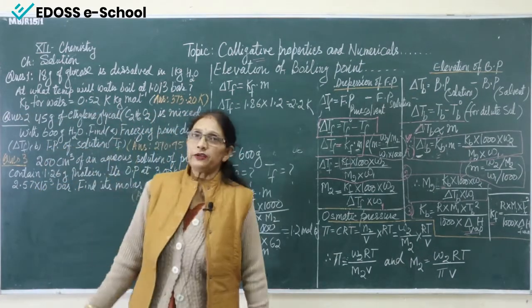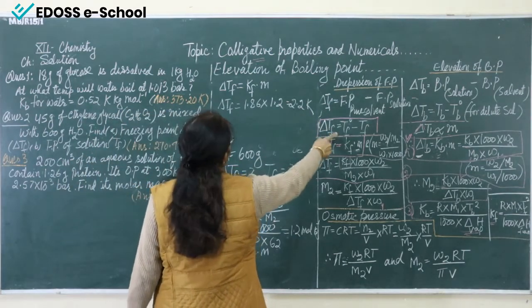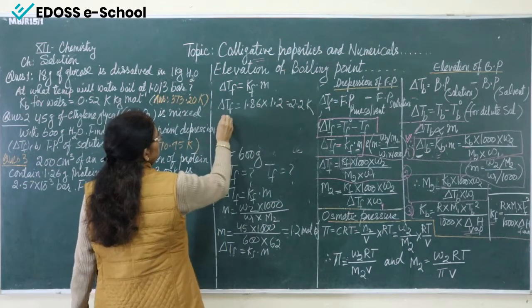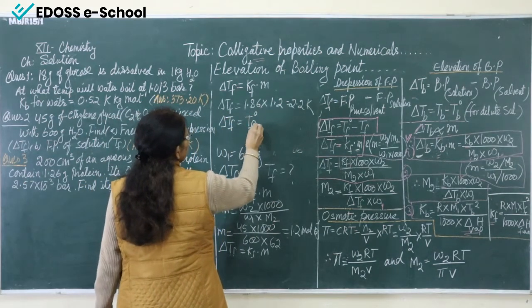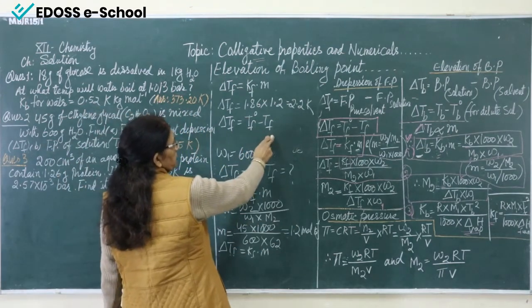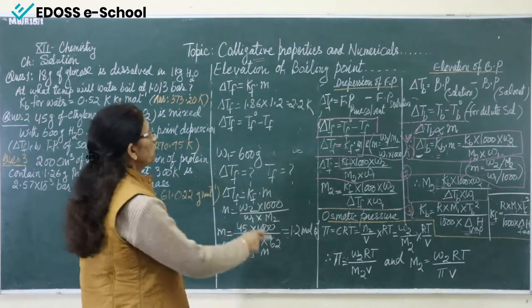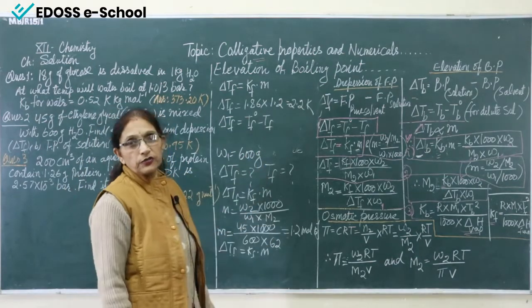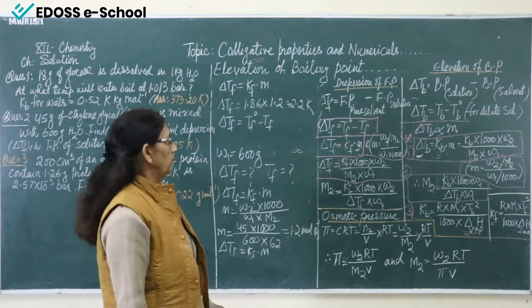Now we have to find Tf. We know that delta Tf is equal to T naught f minus Tf. The freezing point of water is 0 degree. So to 0 degree we will add 273.15.